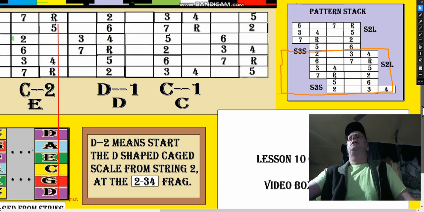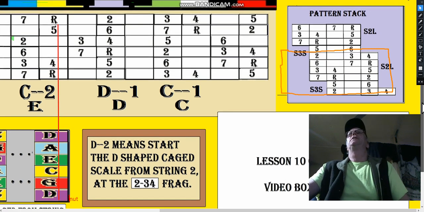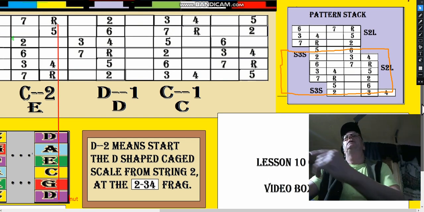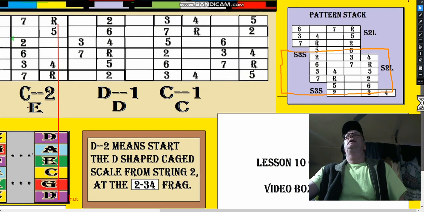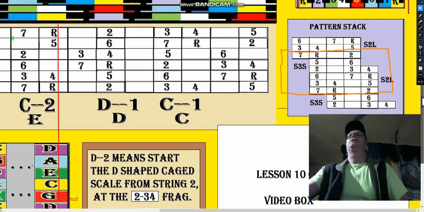Okay. On the pattern stack, it's really not affected that much, but it'll drift. The whole fretboard will drift over. So if this was the original fretboard, then we went to this situation, then we went to this situation, all of a sudden we lose the 7.